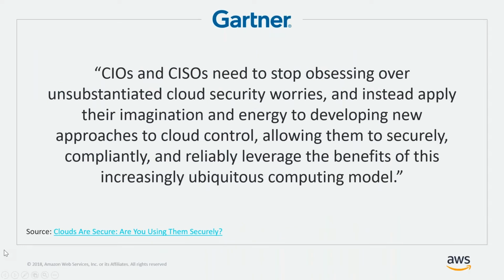Here we have a quote from the analyst at Gartner. What this is saying is that organizations need to move beyond their concerns around security in the cloud and start working towards figuring out how they can evolve and improve their security on AWS. At times, customers take a migration into AWS as an opportunity to rethink how they do security based on the new tools and approaches that are available to them.